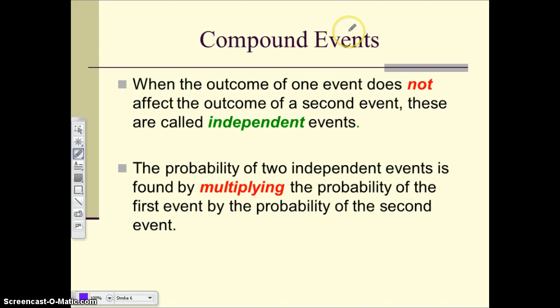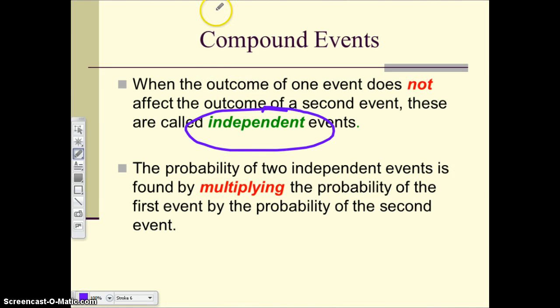So, there are 2 different kinds of compound events. One of them is called an independent event. If you are doing one thing, what happens there does not affect what happens in the other event.